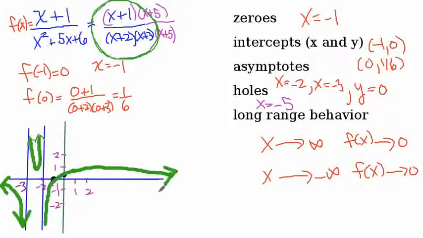I'm not saying I have the curvature perfect, but this is a rough sketch that is accurate of what this graph looks like. And all of that material, zeros, intercepts, vertical and horizontal, x and y, asymptotes, holes, long-range behavior, are all things that help you to see what the graph looks like.